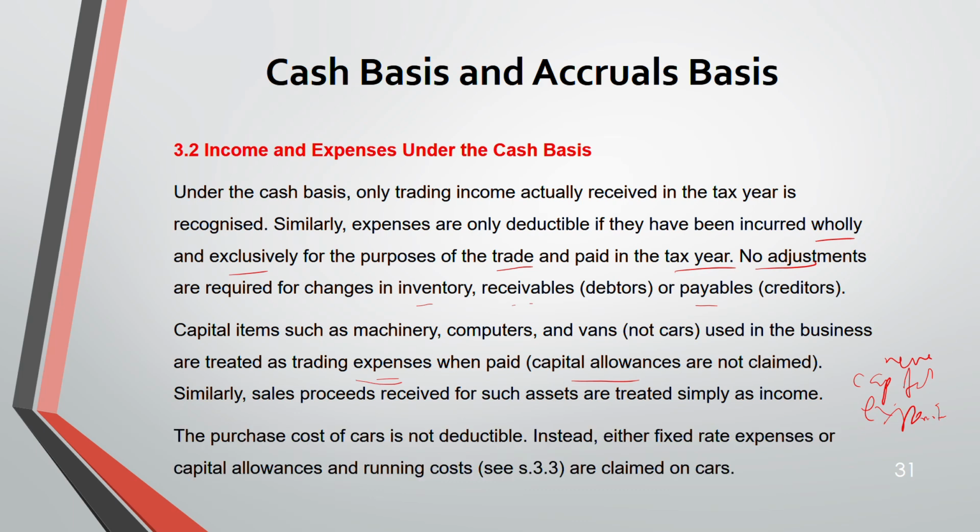The purchase cost of the car is not deductible. You can't deduct it. Instead, either fixed rate expenses or capital allowances and running costs are claimed on the car. We shall see this in the next section 3.3.